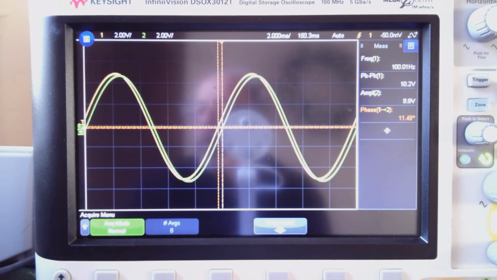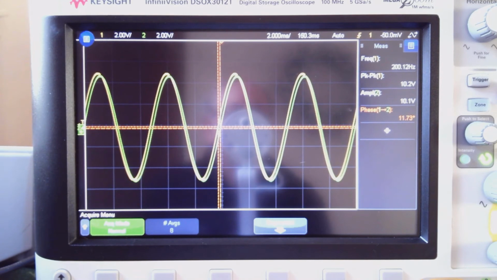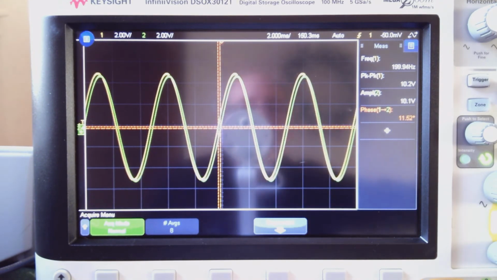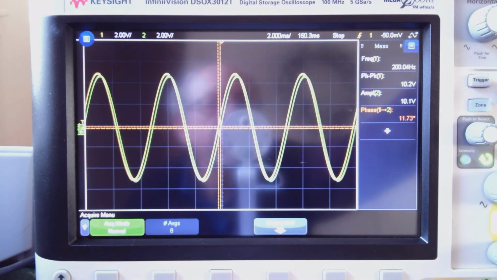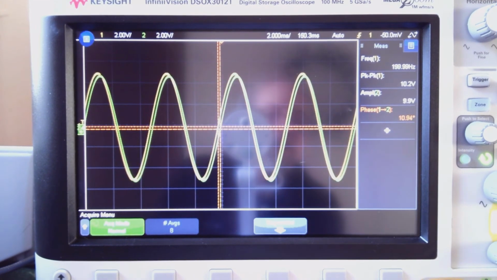Let's go to 200 hertz, and at 200 hertz not much has changed. 10 volts going in, 10 volts coming out, and again about 11.73 degrees. I'll make a comment here that the scope can measure the phase angle, but you might notice that the cursors are jumping around, and the cursors are what make the measurements.